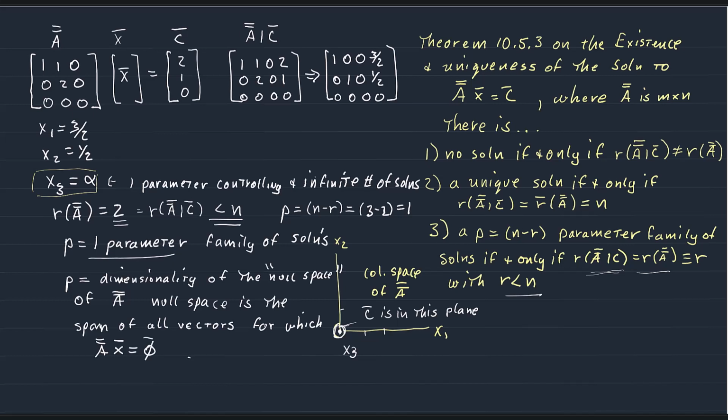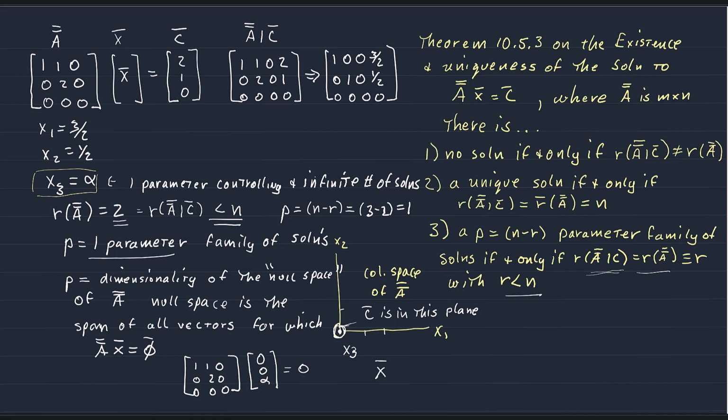So in this case, when we have our matrix 1, 1, 0, 0, 2, 0, 0, 0, 0 times 0, 0, alpha, which is the vector only pointing in the x3 direction, we always get 0.